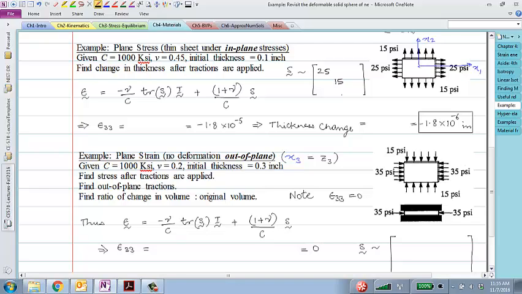In this particular case, since this is a thin sheet, and actually this is a very important type of state of stress. As the problem says, this is plane stress.